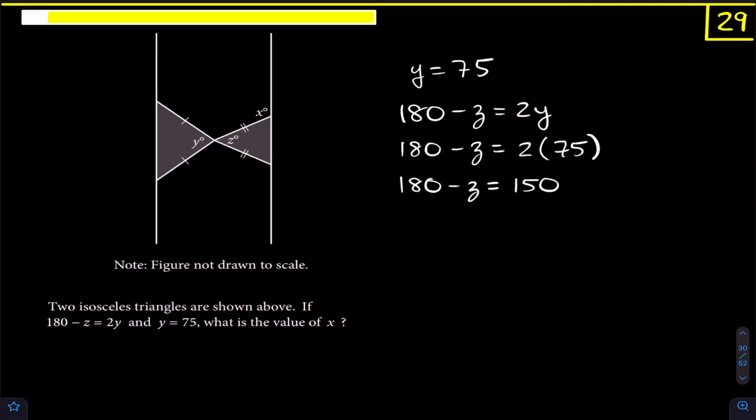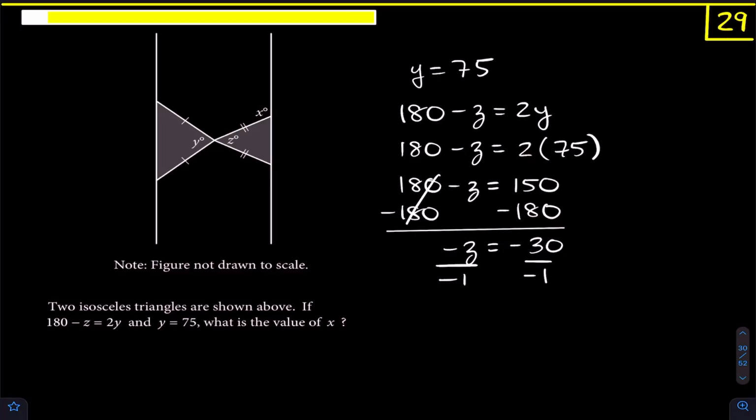And then I can, what am I going to do here? Let's just subtract 180, I guess. I was thinking about doing something else, but no, I'm going to have the negative here. Anyways, negative z is equal to negative 30, and we can divide by negative 1 on both sides and get that z is equal to 30.